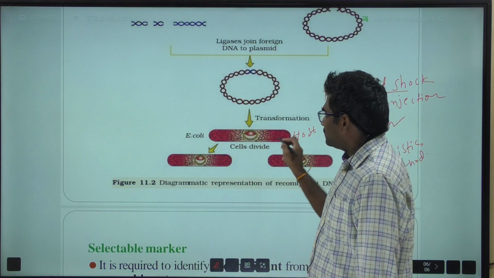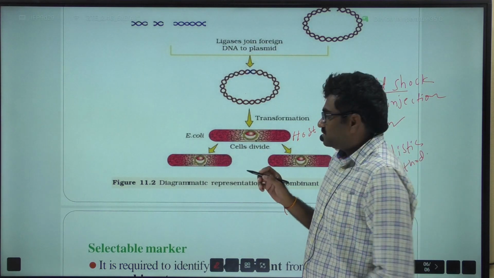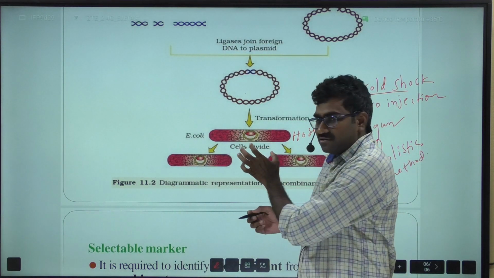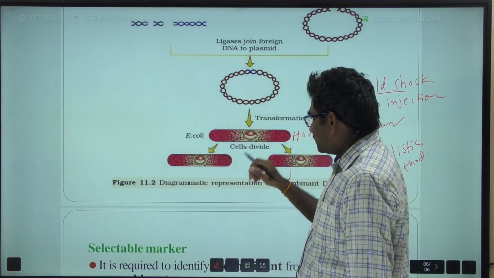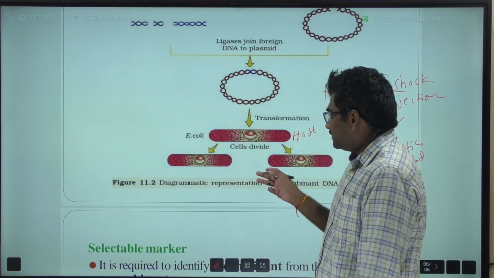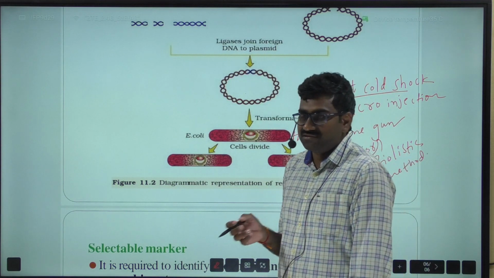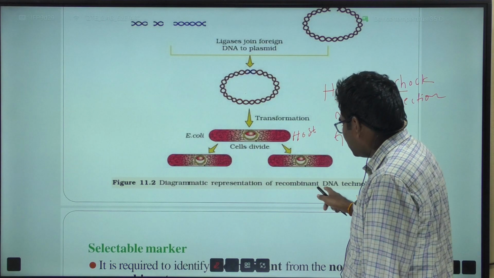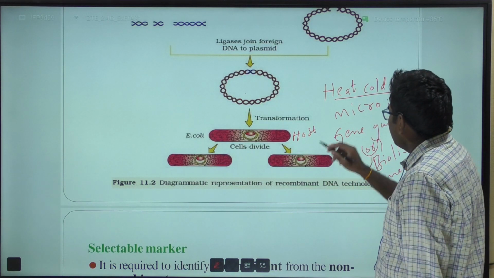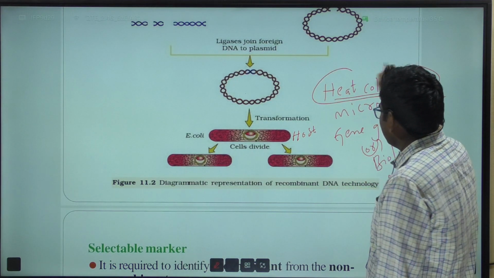This host with rDNA is then cultured in a bioreactor to obtain large quantities of our gene of interest, that is insulin. Here is a diagrammatic representation of rDNA technology, and heat and cold shock is one method.